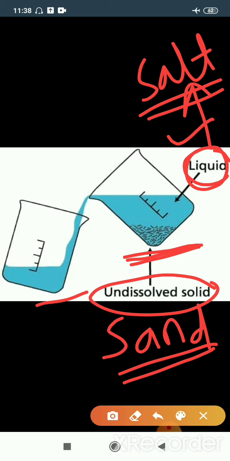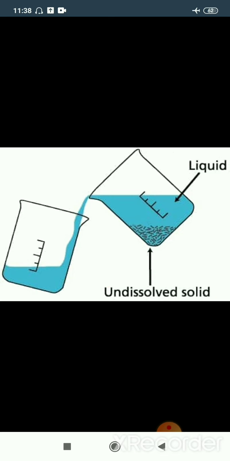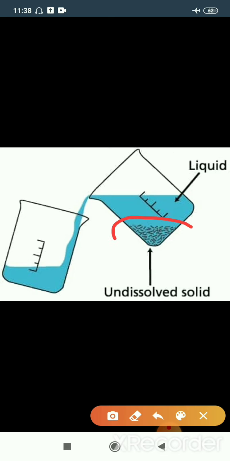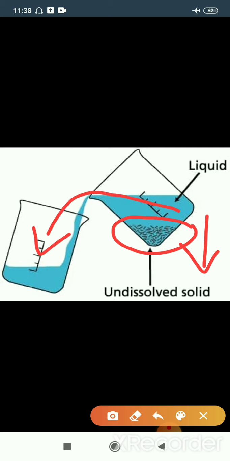Now with the help of decanting, we need to transfer this upper layer of clean water into the second beaker. So you can see here that the sand remains in this beaker, in the corner, and the liquid we can easily transfer into the second beaker.